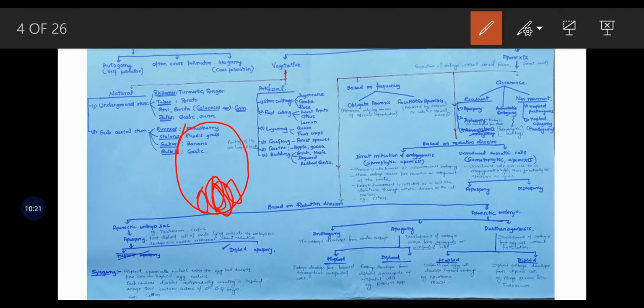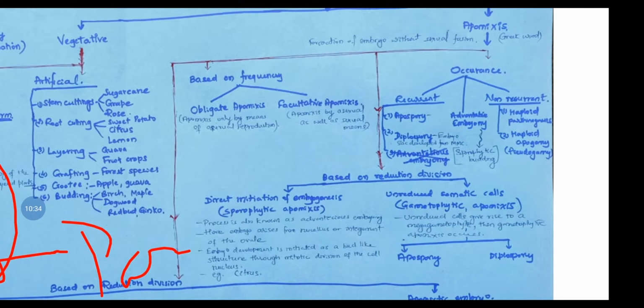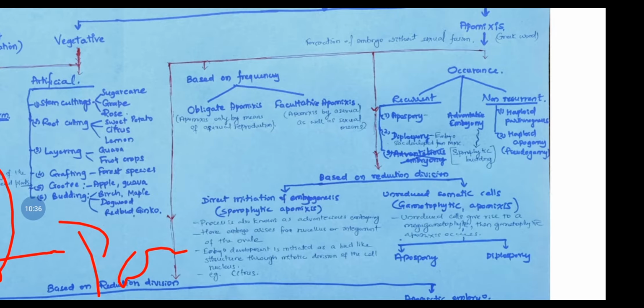This middle portion is the egg cell. If the embryo is directly forming from this without fertilization, that is known as the parthenogenic condition, whereas parthenocarpy is the formation of fruit without seed formation. Okay, that is parthenocarpy.